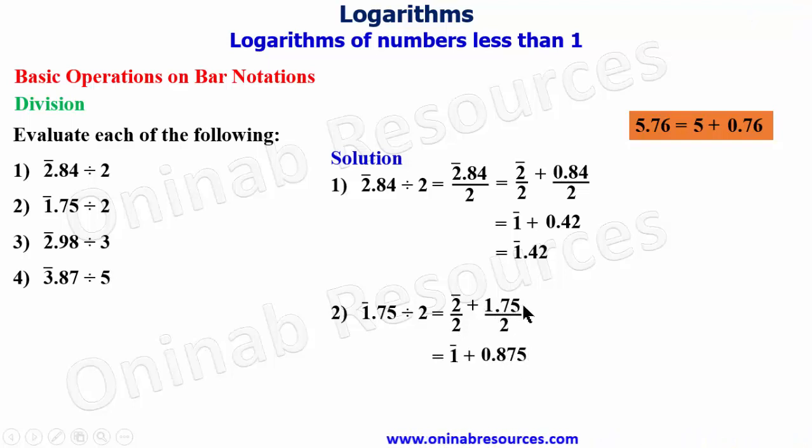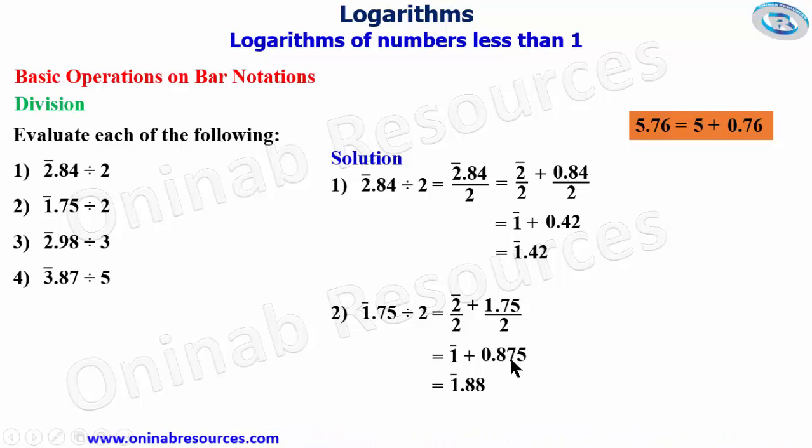If 1.75 is divided by 2, we have 0.875. Remember, we are dealing with 2 decimal places, so we are going to resolve our answer as 2 decimal places also. And we have it as bar 1.88. This is rounded up to 1 to be added to this 7 to give us 8. That's all for problem 2.